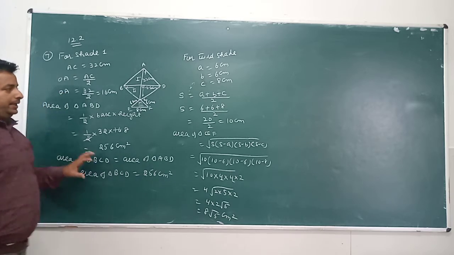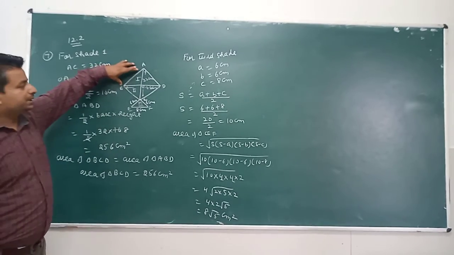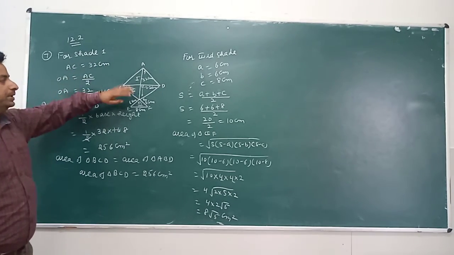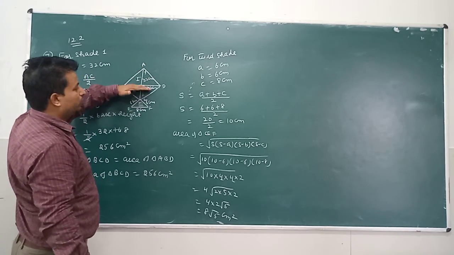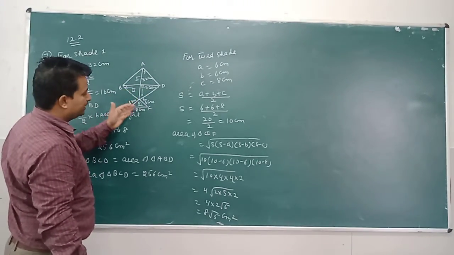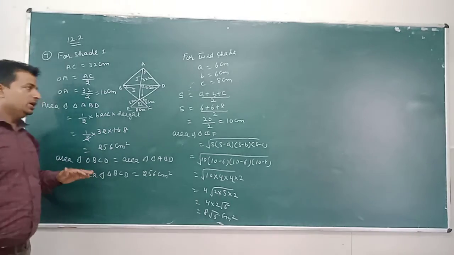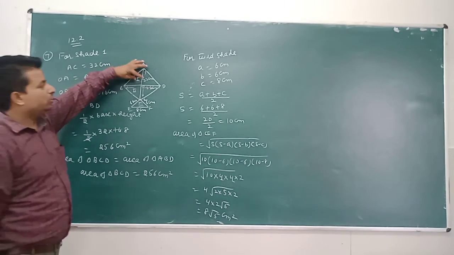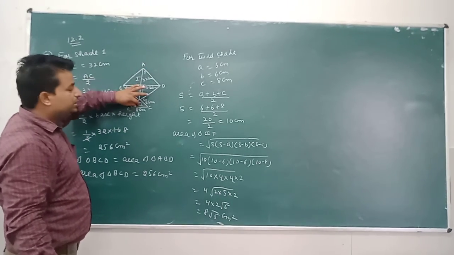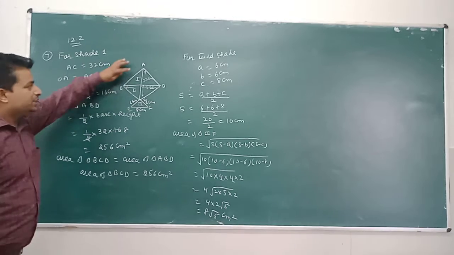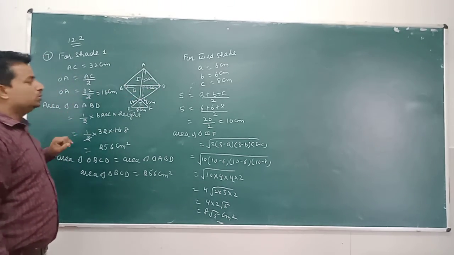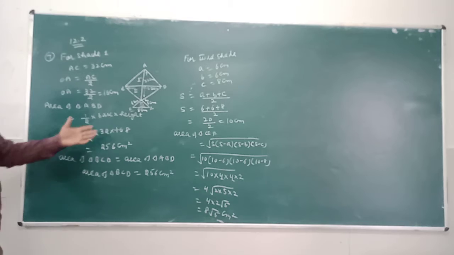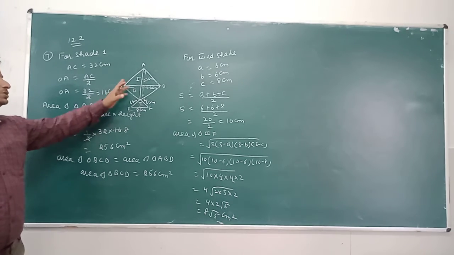So in this figure there is a kite of square shape. We use a different color for the upper part, a different color for the lower part, and a different color for this part. We are required to find the area of each paper separately. ABD and BCD are two congruent triangles, so their areas are equal.